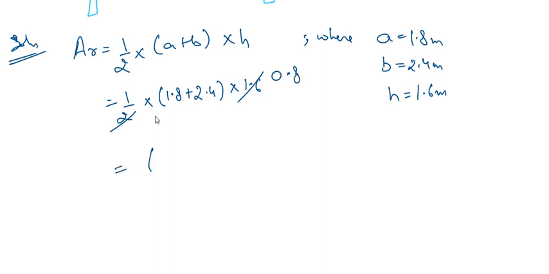Okay, let me check whether you are getting it right. 1.8 plus 2.4, it would be what, 4.6? No, or 3.6? I think it's 4.2. 4.2 times 0.8.